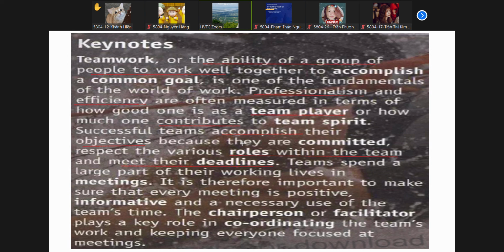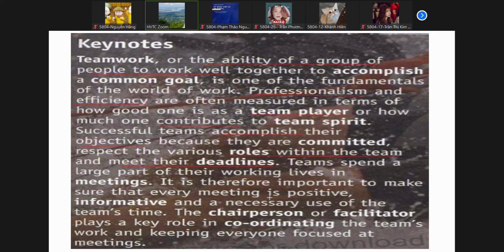Okay, thank you. So we can see that the first reason is that team meeting is very important because most of the time of a team's life they spend on their team meetings, because they spend a large part of their working lives in meetings. So that's why we can see that meetings are very important.